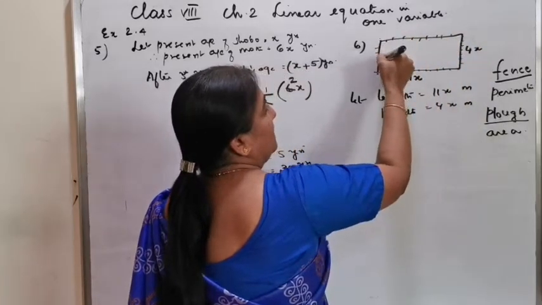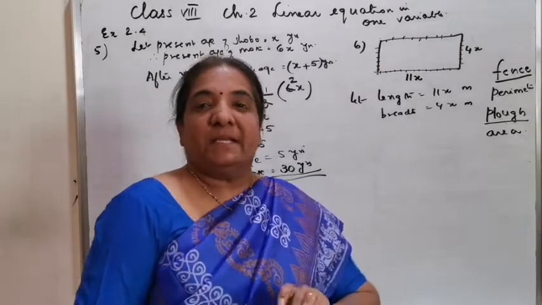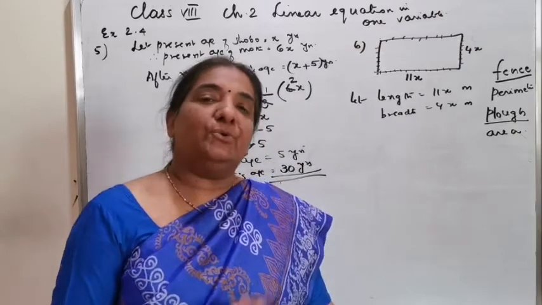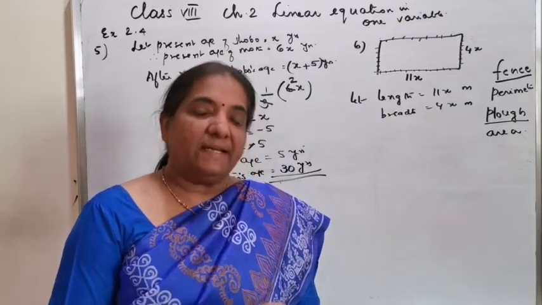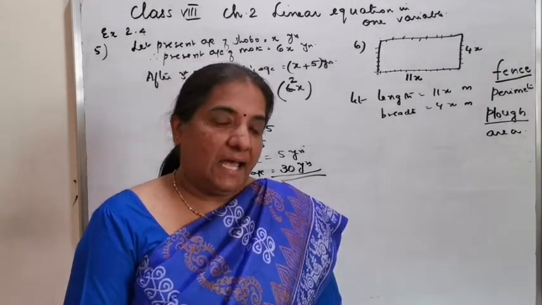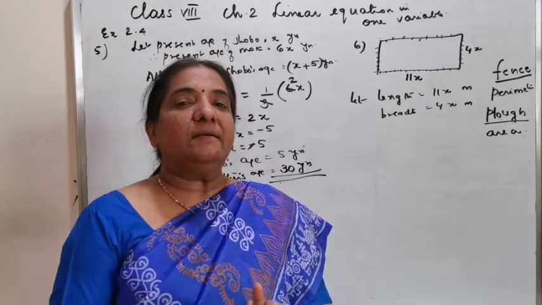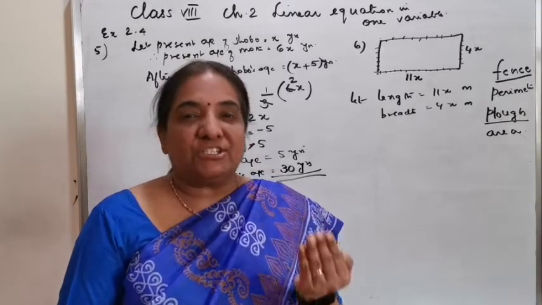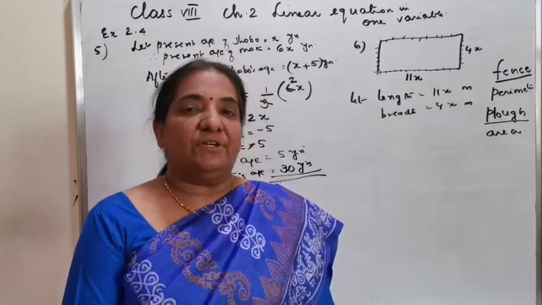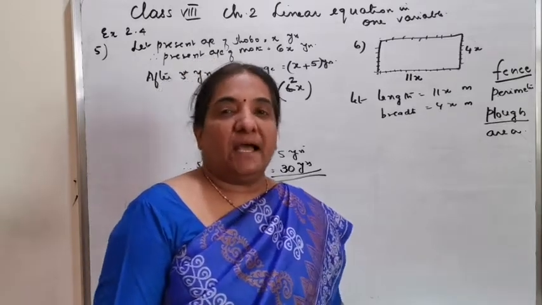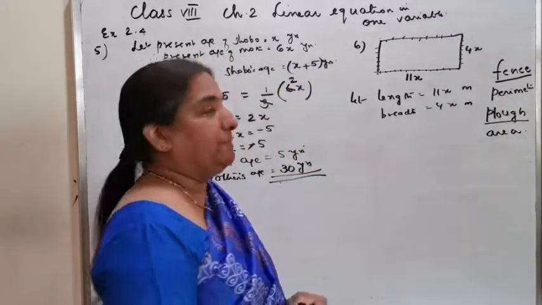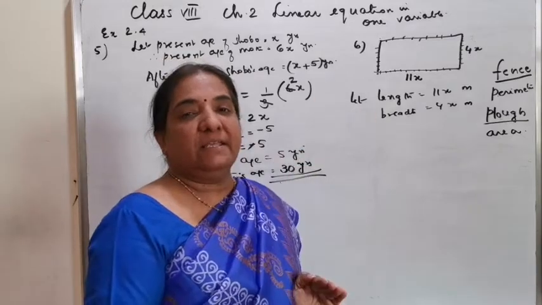So what the question says is, this field has to be fenced and you know the length and breadth. Immediately you can calculate the perimeter of the field, and now for 1 meter they are charging you 100 rupees and the total amount is given to you. Let's proceed. I hope the idea is clear. Fence means the perimeter formula has to be applied since only the boundary is concerned.